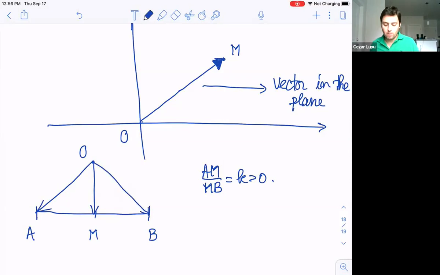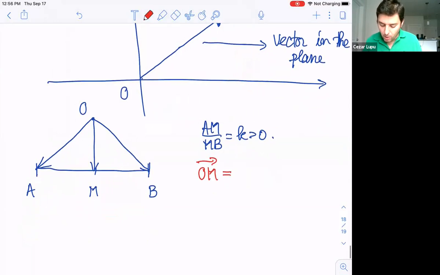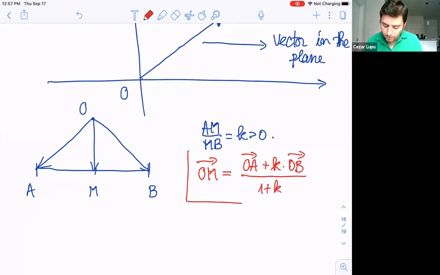Well, there is one way to do it. We're always going to have that OM vector, and this will be the most basic and the most important relation. OM vector will always be OA vector plus K times OB vector over 1 plus K. So I can always express this in this way, right?